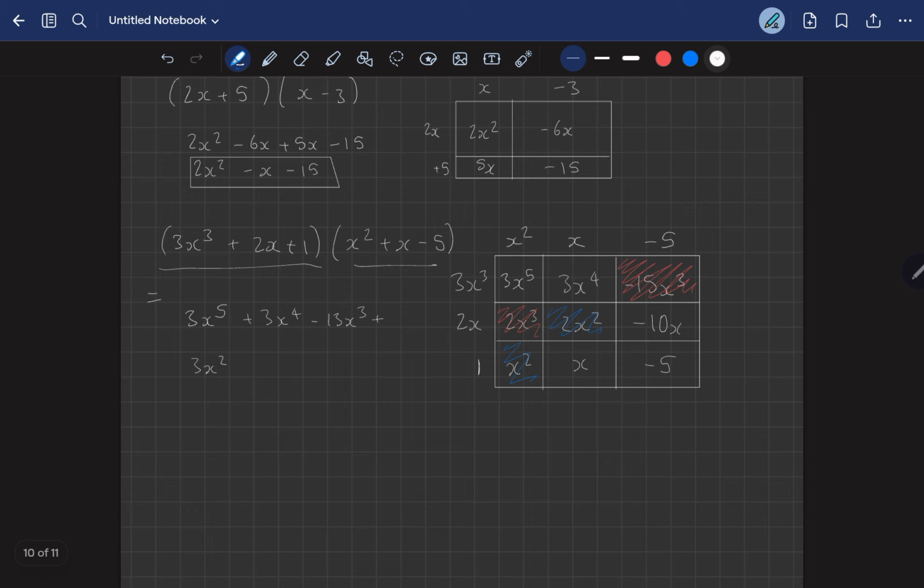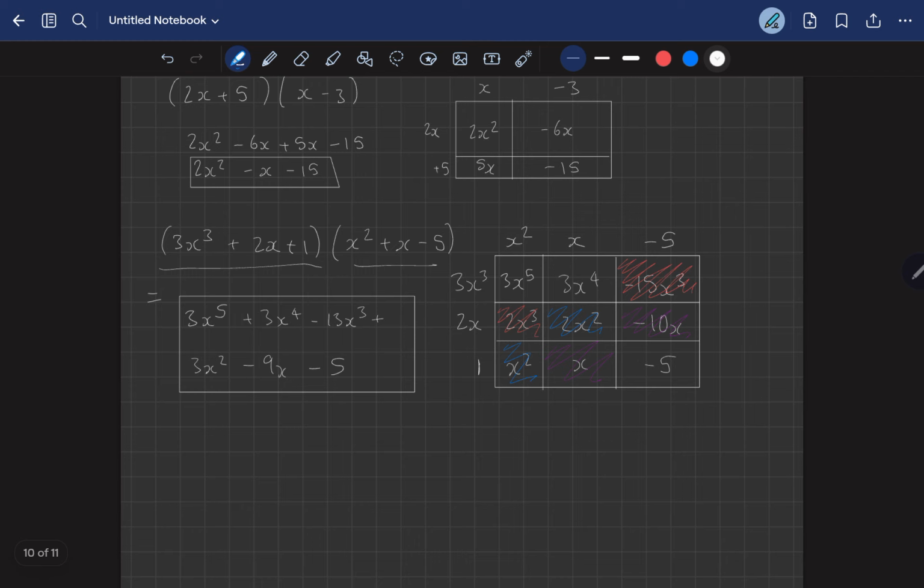We also have minus 10x, and we have also x. Minus 10x plus x is minus 9x. Minus 9x. And then we just have minus 5 on its own. So this is our final answer.